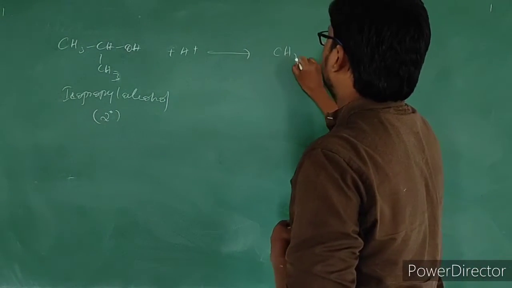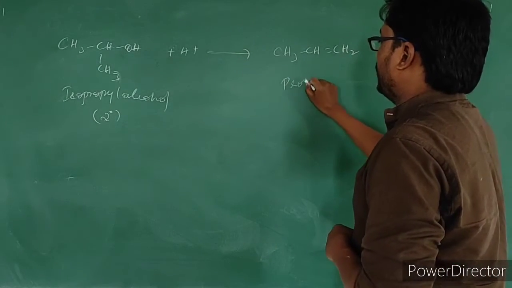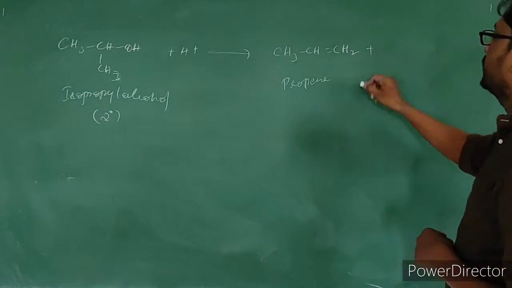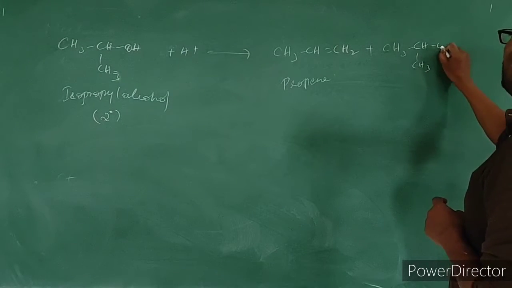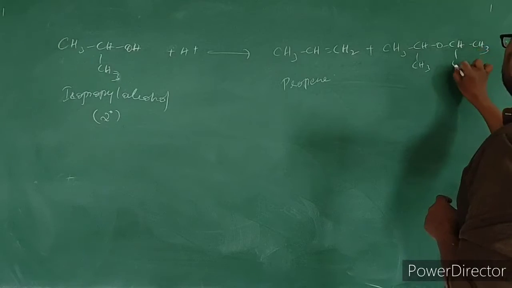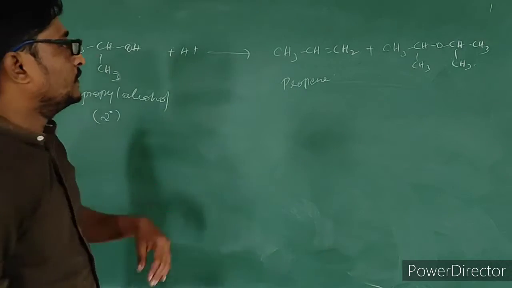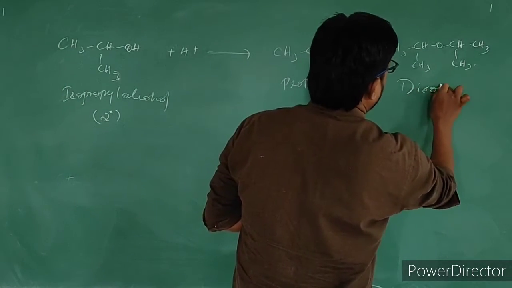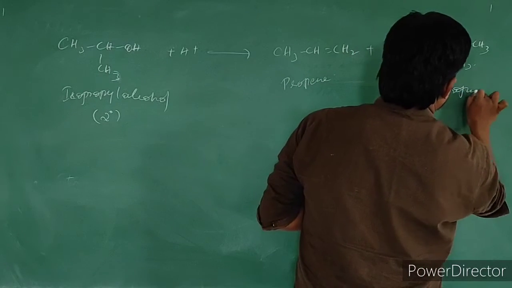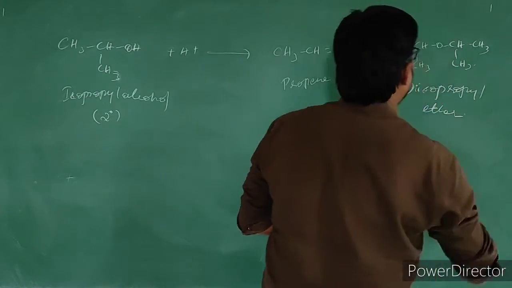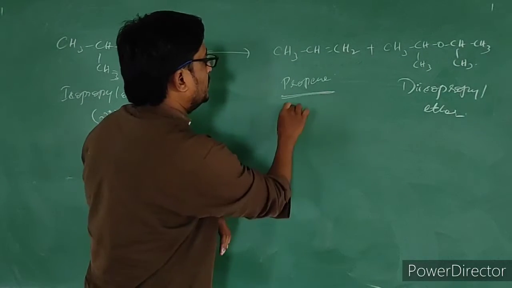One is alkene, propene. The other product is diisopropyl ether. So among these two products, the major product will be propene only. This is the major product.